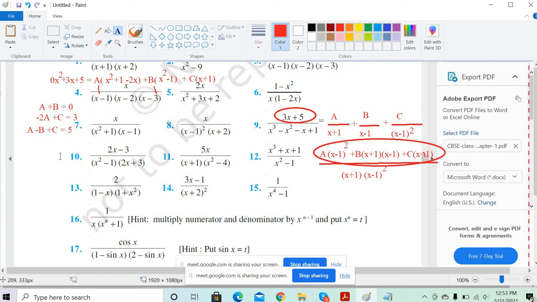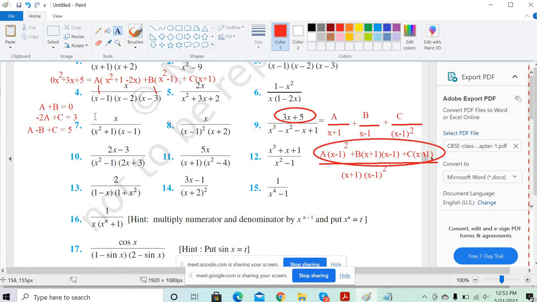So you got 3 equations. Now you need to solve for a, b, c, isn't it? Getting it? Yes, sir.